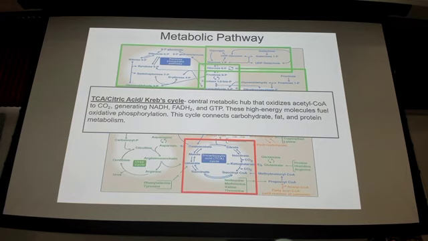This is where we see that the macronutrients that we discussed in Block 1 all merge here with the ultimate goal of going through this pathway to produce reduced coenzymes that then travel to the electron transport chain to give us energy from ATP.